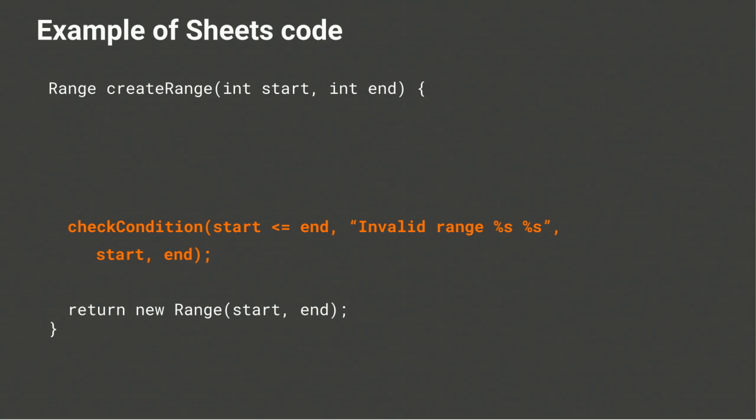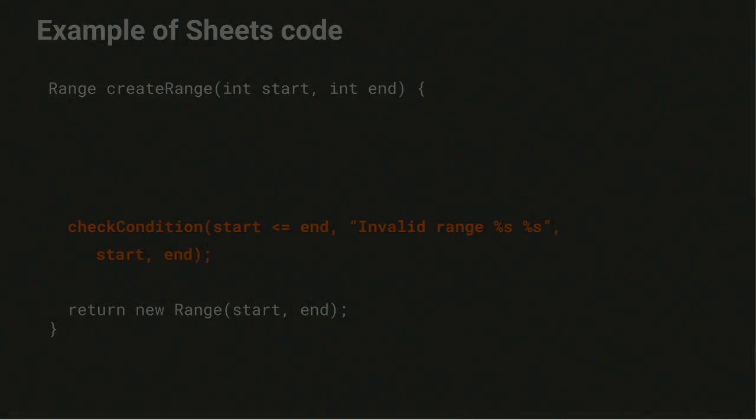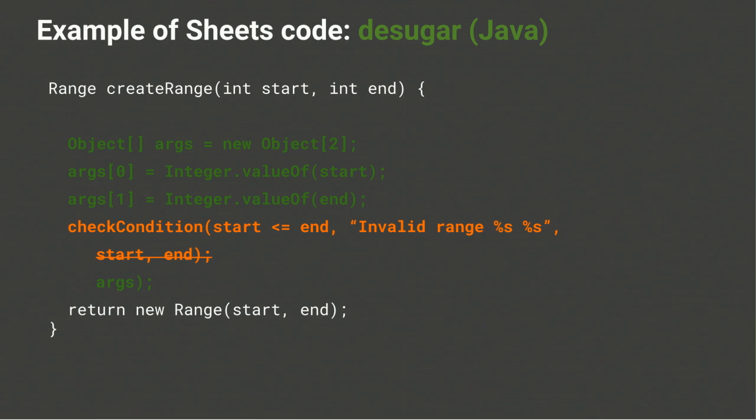Here's how. So you start with a simple method. The Java compiler actually desugars the varargs call to allocating a new object, allocating a new array, putting in the array boxed versions of start and end, and then passing this array to checkCondition.